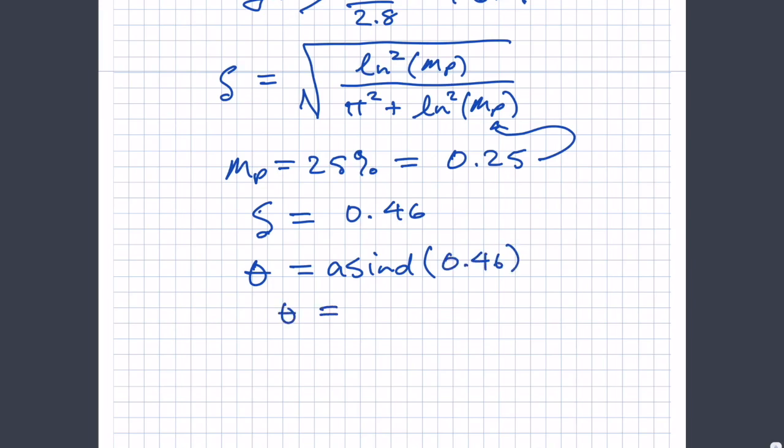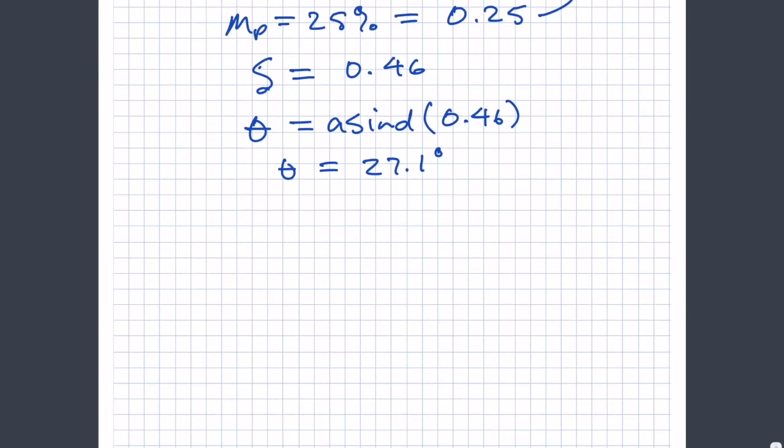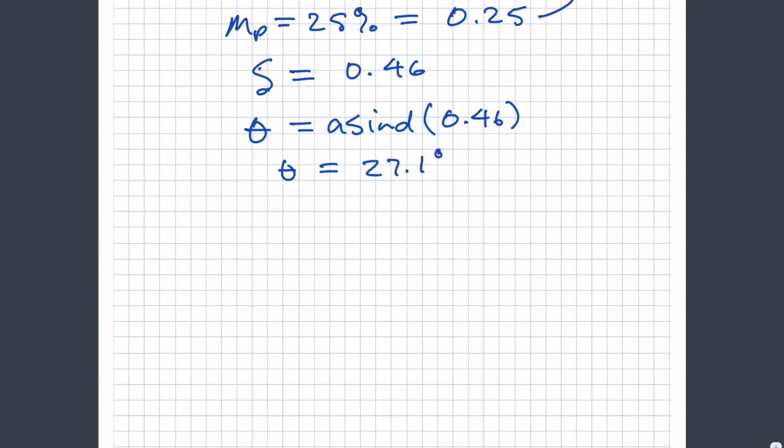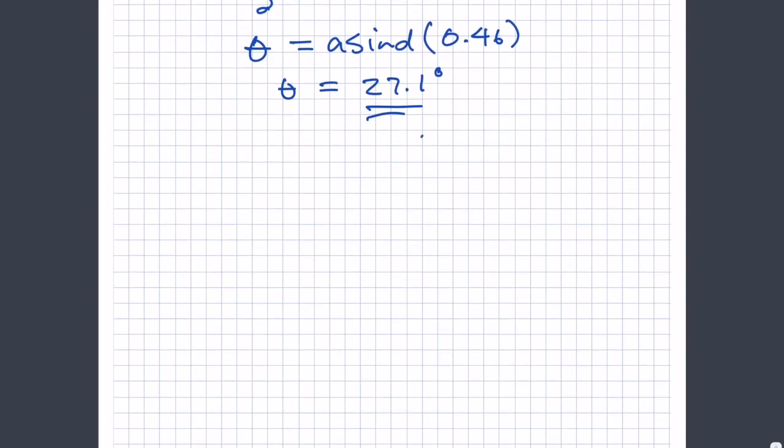And when I do that, I get theta to be 27.1 degrees. So what I know is my theta has to give me an overshoot of less than 25%, and so theta can be no larger than 27.1 degrees.